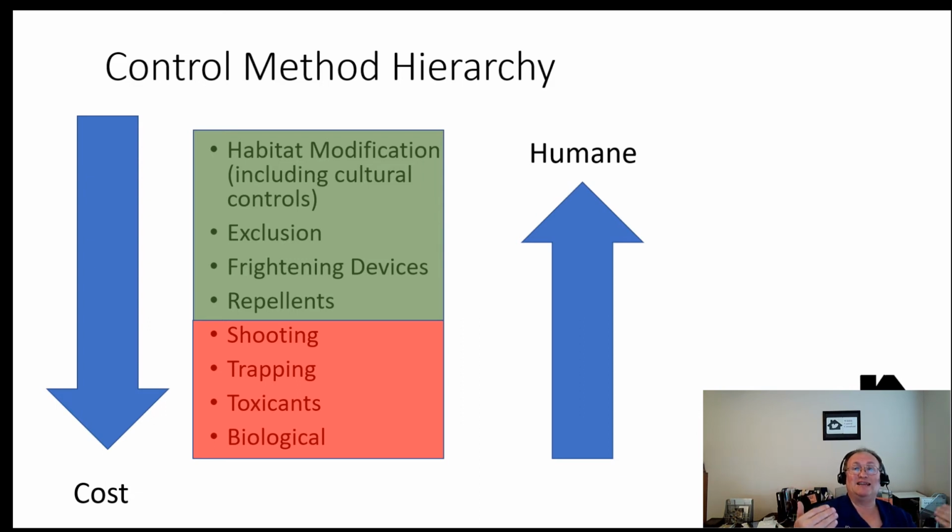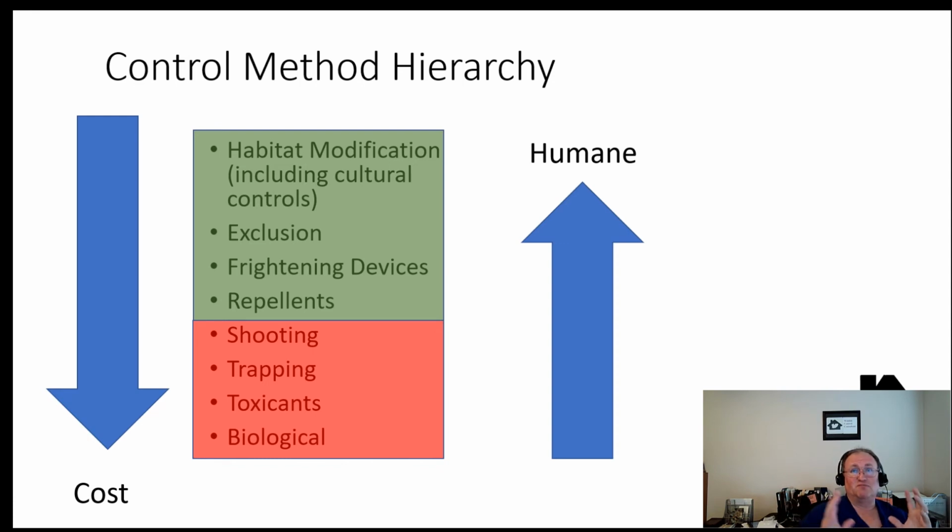Shooting, now we're getting into the lethal control. Shooting's pretty straightforward. You have an offending animal or an offending species, you shoot the animal, it's dead. Plain and simple. There are different ways you're shooting. You have sharpshooters, you have opportunistic shooting, you have guided shooting, and then you have traditional hunting seasons. Those are the types of shooting opportunities.